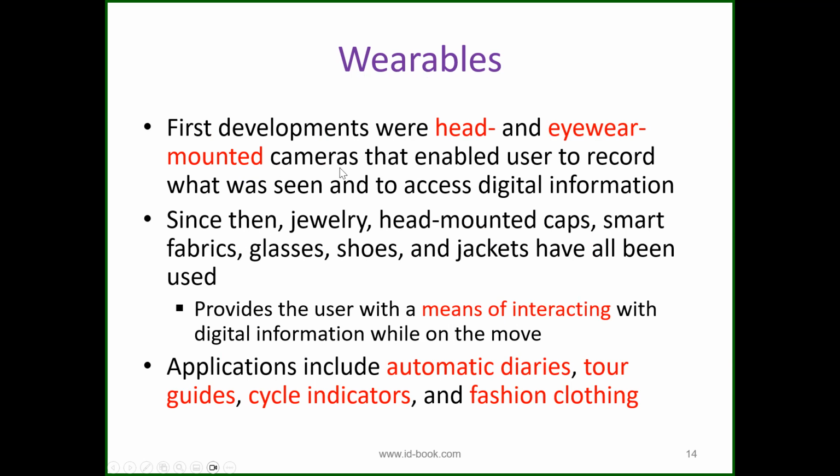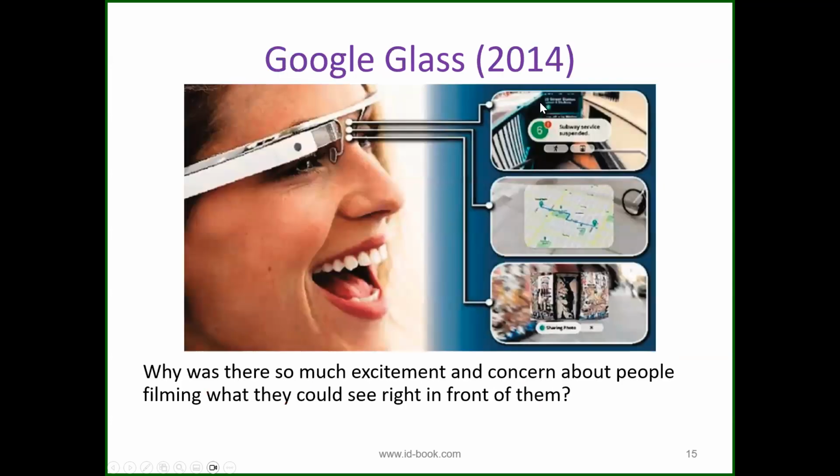Google Glass is a very excellent example of eyewear. Applications include automatic diaries, tour guides, cycle indicators, and fashion clothing. For example, in 2014 Google Glass was developed with so many options, but because of privacy issues it was somehow stopped.